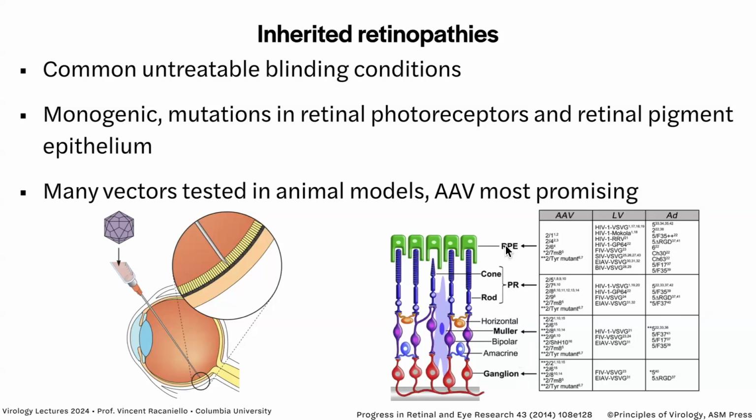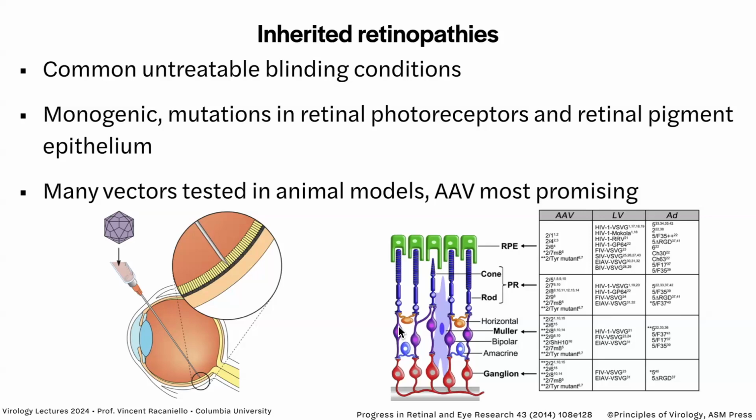It can be in the retinal pigment, sorry, this is retinal pigment epithelium, the cones and the rods. This particular cell here, the ganglia itself, and each of these defects are shown as numbers here, and there are trials to correct them using different vectors: AAV, lentiviral, and adenovirus vectors. These are monogenic mutations in these cell types.